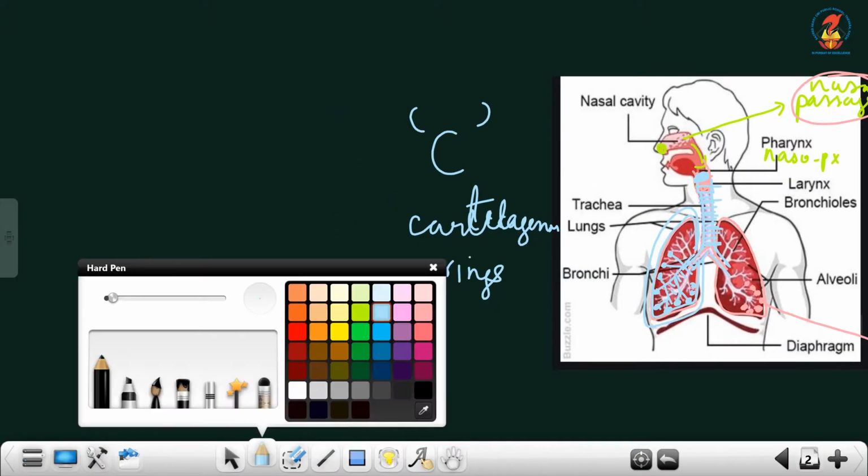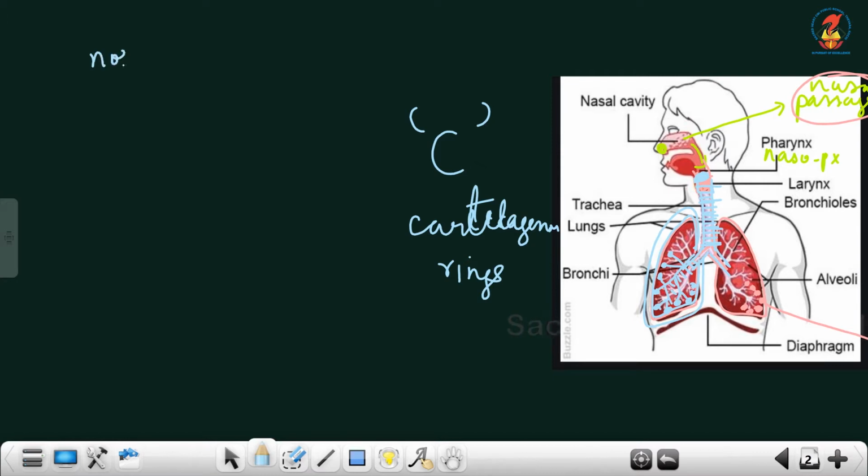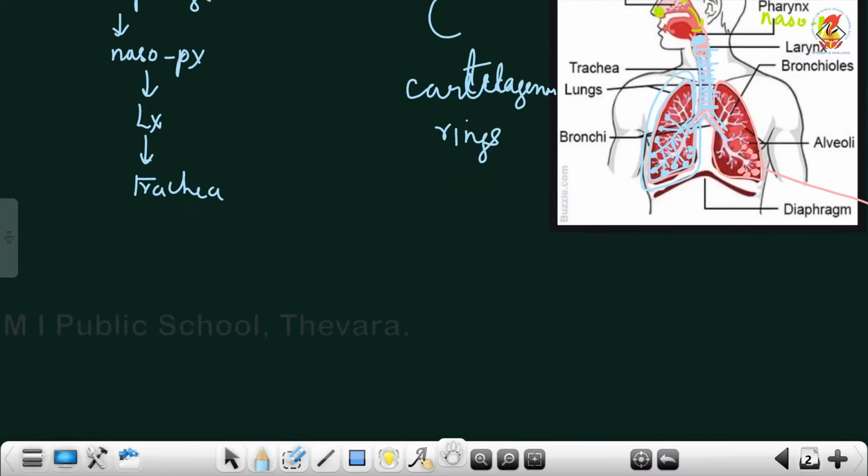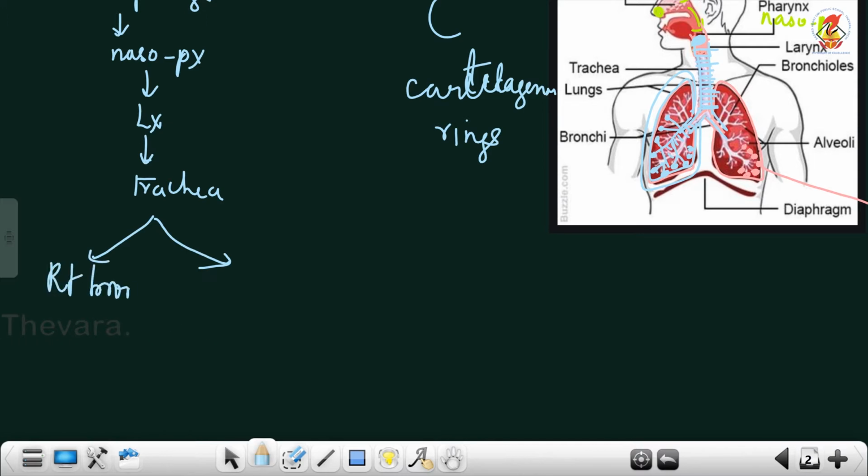When I give it in the form of a flowchart: nostrils lead to the nasal passage. Nasal passage leads to the nasopharynx. Nasopharynx leads to the larynx. Larynx opens into the trachea. The trachea divides into the right and left bronchus, in plural, bronchi.